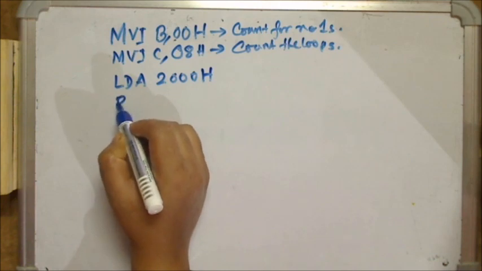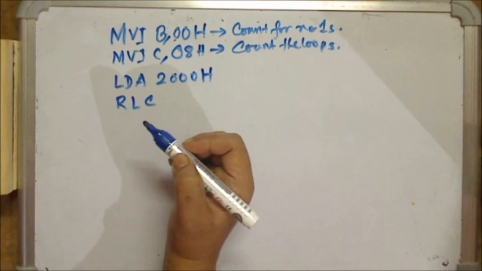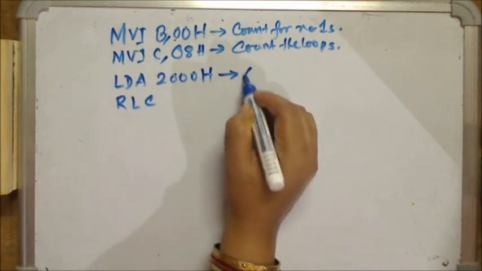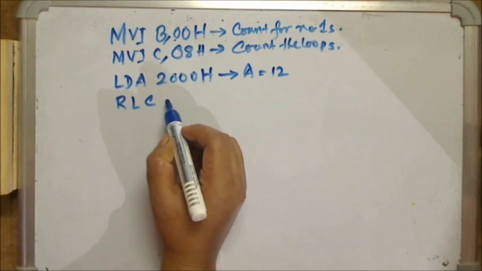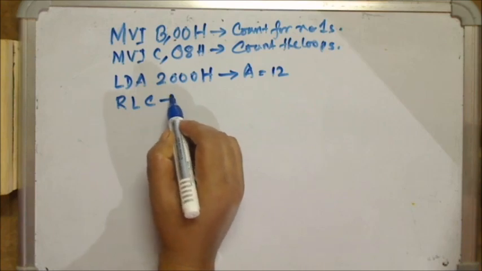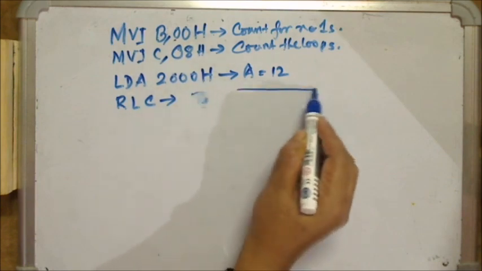Fine. Now what you have to do? We have to rotate it left along with carry. So our number is in A. Suppose you have taken the number 12. So RLC 12. Now after RLC, this 12 will be rotating, right?